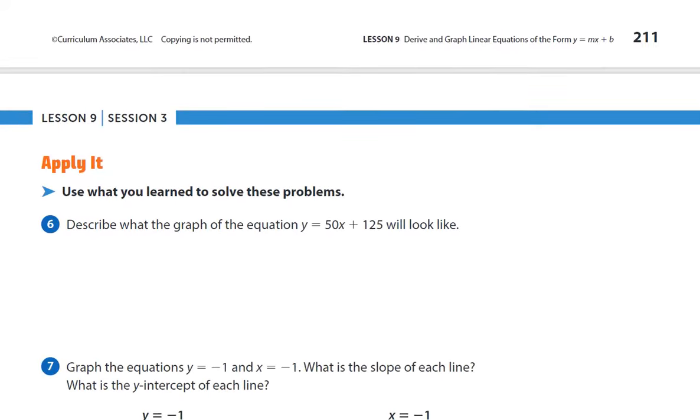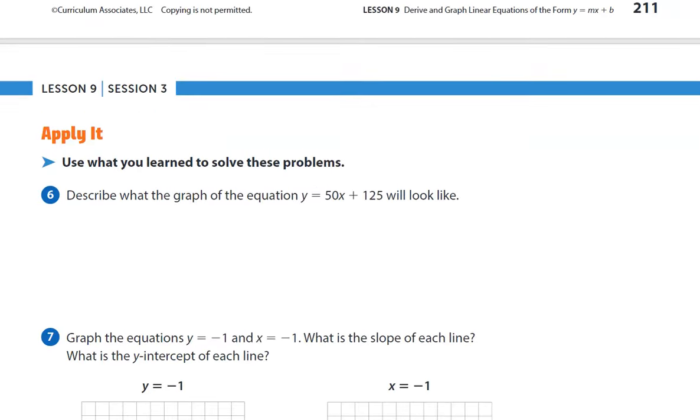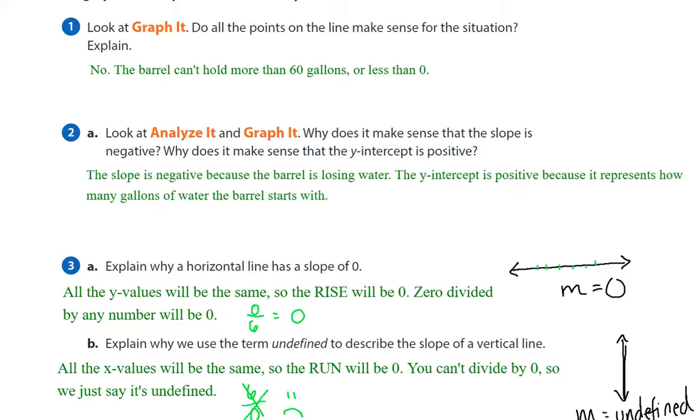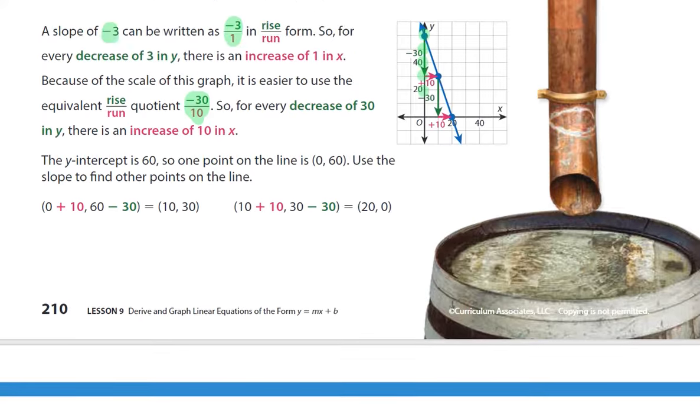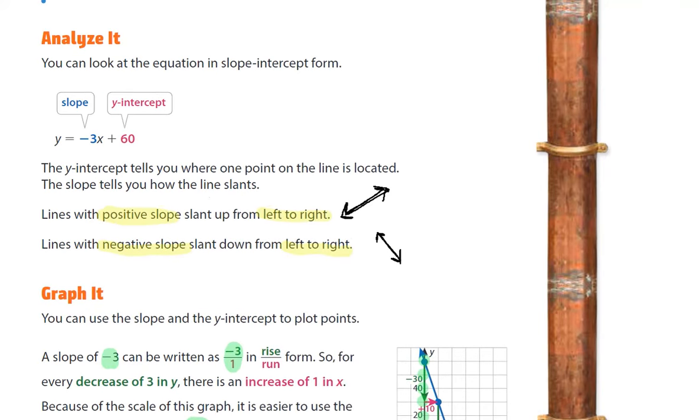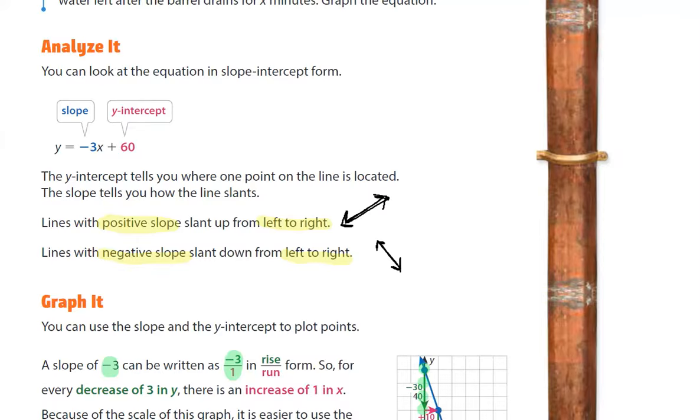Let's do number 6. Describe, don't graph it, describe what the graph for the equation y equals 50x plus 125 would look like. Well, what was our clue up here? All the way back up in the analyze it. Positive slope. It's going to go this way.